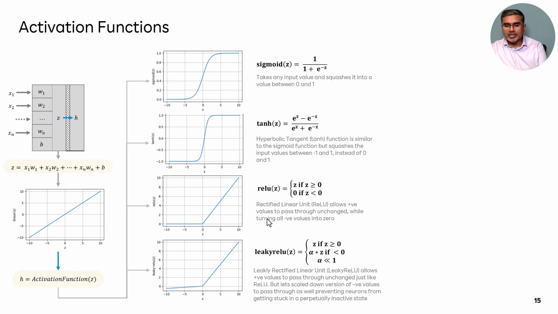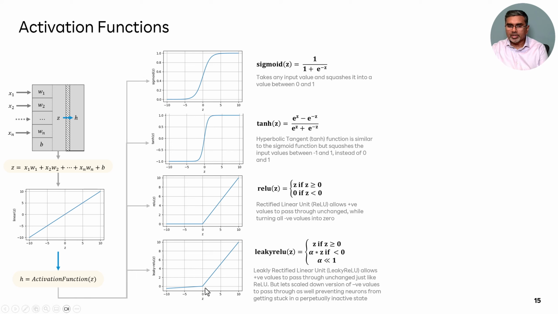But the problem with that is the moment you emit 0, that particular signal is completely shut off from your neural network. What if you want to essentially pass smaller values if the input or the logit value is negative? That's where the leaky ReLU comes in. What leaky ReLU does is on the positive values, it'll pass the value as is through the system, just like ReLU does. If Z is positive, it passes it as is.